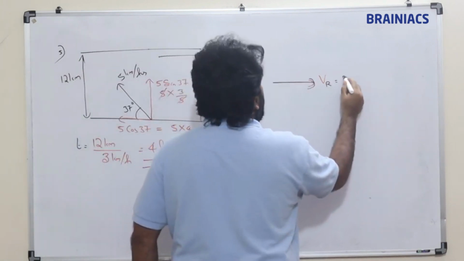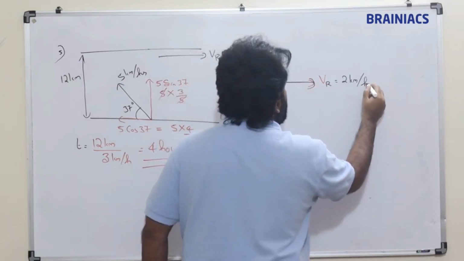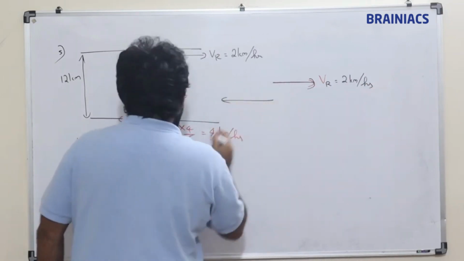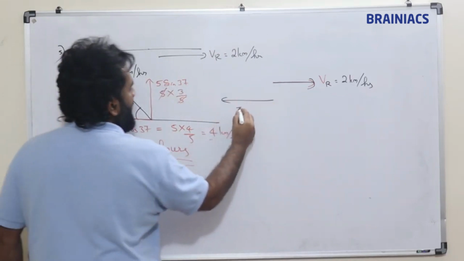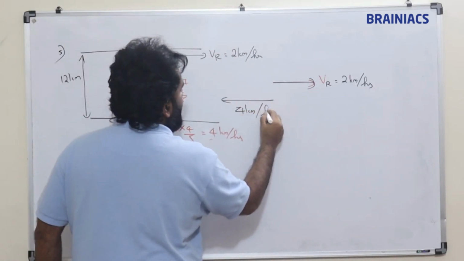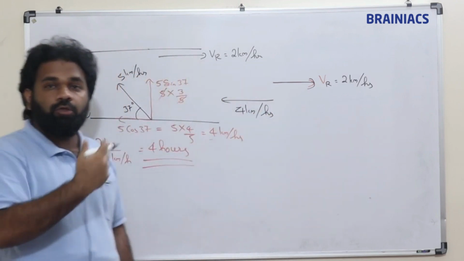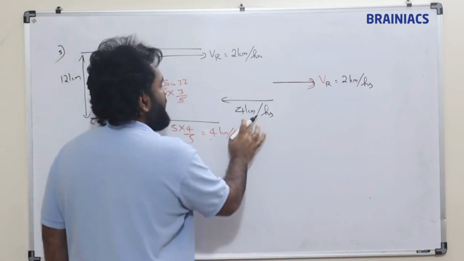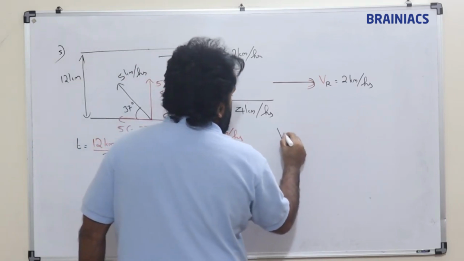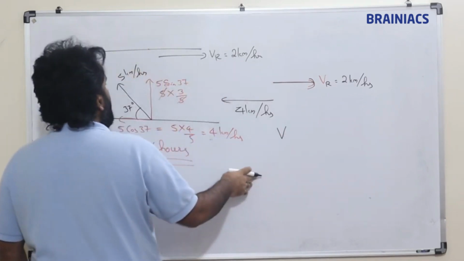The velocity of the river flow is 2 km/h, and the swimmer's velocity is 4 km/h. So what is the net horizontal velocity? It is 2 km/h.